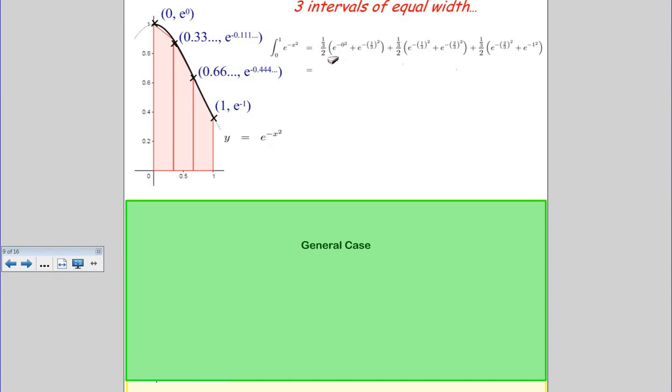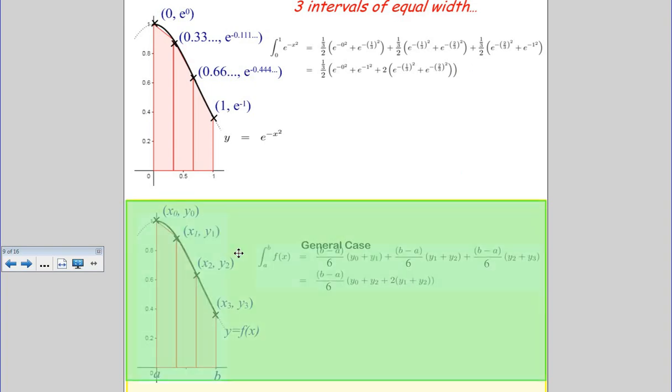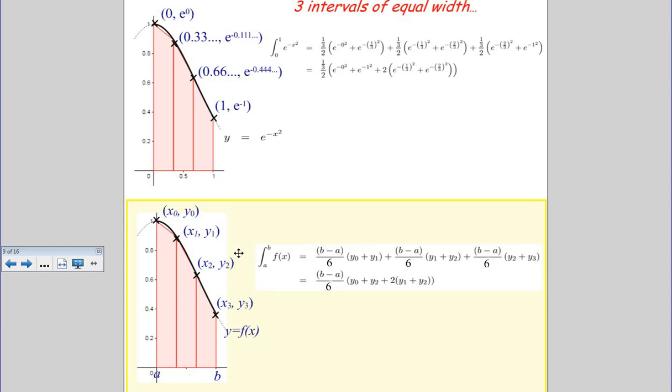So again, we have a common factor of a third over 2 we can take out, and let's see what goes inside. We have a single e to the 0 squared, and we have a single e to the 1 squared, but for both of the others, for e to the minus a third squared and e to the minus 2/3 squared, we have 2 of those, so we can group those together. Exactly the same thing happens when we're looking at the more general one.